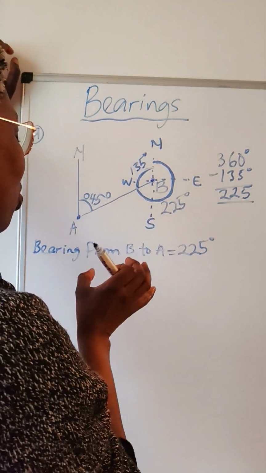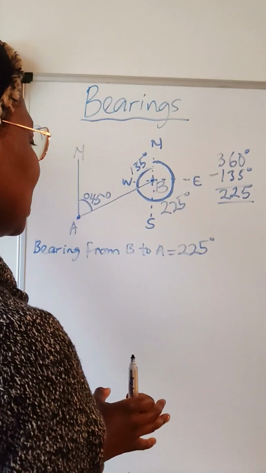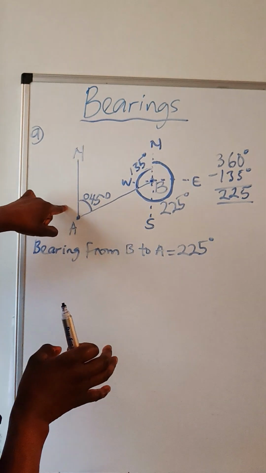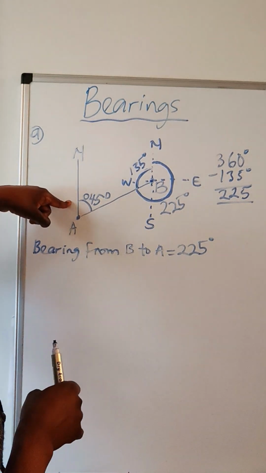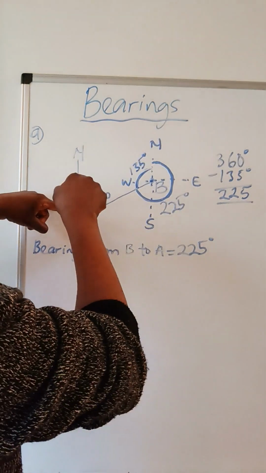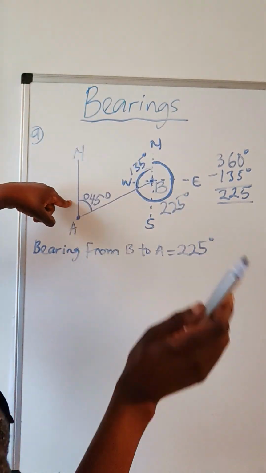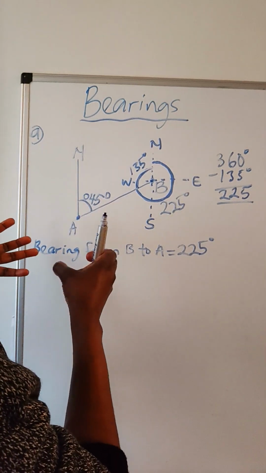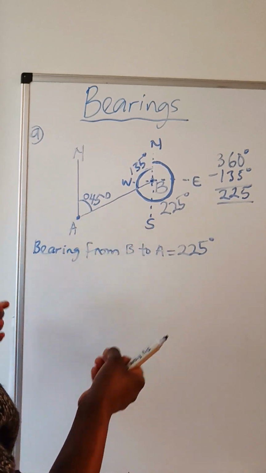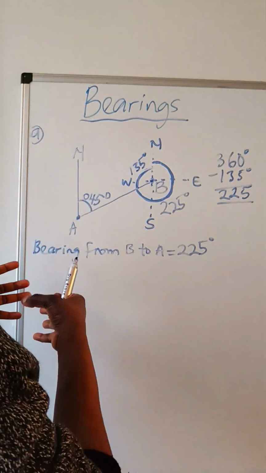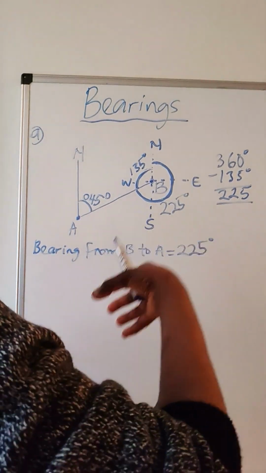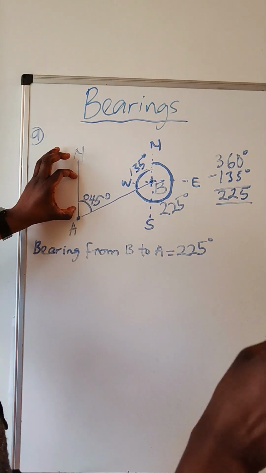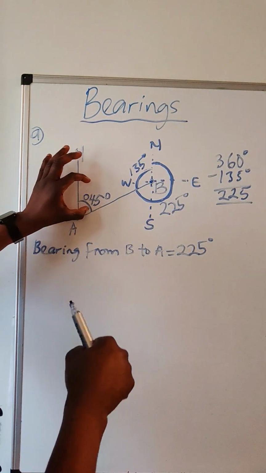I want to explain again. The other way of calculating the bearing from B to A is by looking at the bearing from A to B. The bearing from A to B is 45 degrees, and the bearing from B to A is the reverse of the bearing of A to B. And as I told us in the concepts I gave, the note I gave before coming to the working example, if we are given a bearing and asked to calculate the reverse of that bearing, if the bearing given is not up to 180 degrees, the reverse will be adding 180 degrees to the one given.